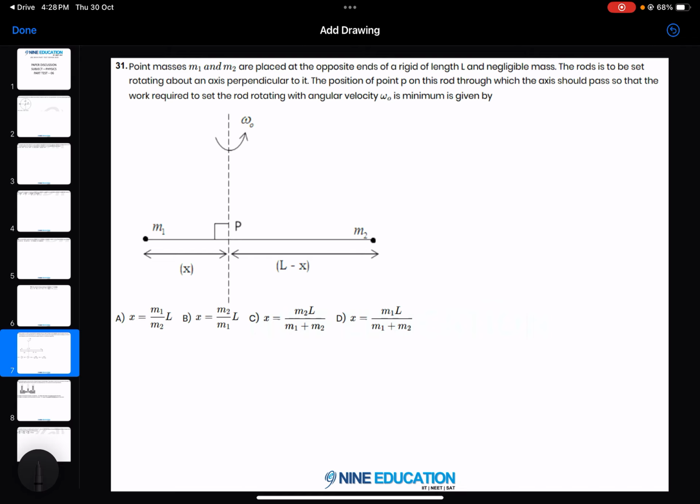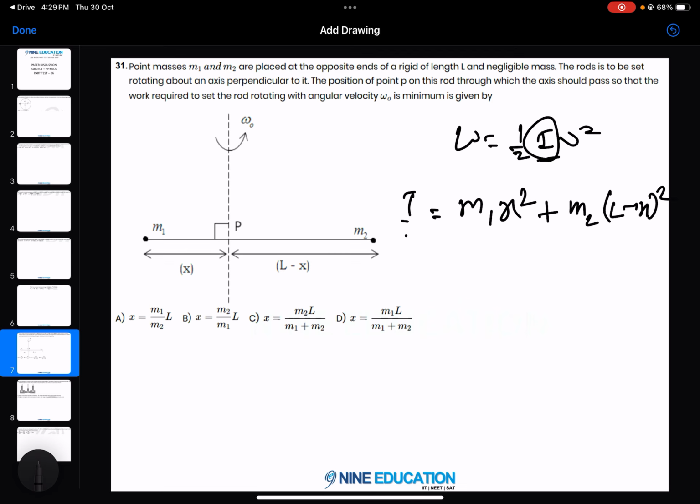Now in the next question, he's asking for the work done to be minimum. If they are purely rotating, work done is the change in kinetic energy, which will be half I omega square. So the moment of inertia has to be minimal for the work done to be minimal. Moment of inertia for point masses will be m1 x square plus m2 into L minus x whole square. This is a function of x.